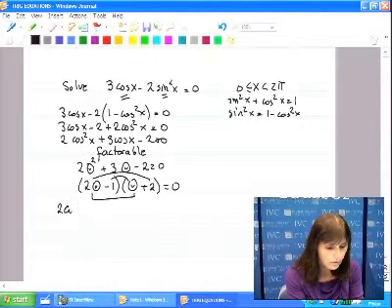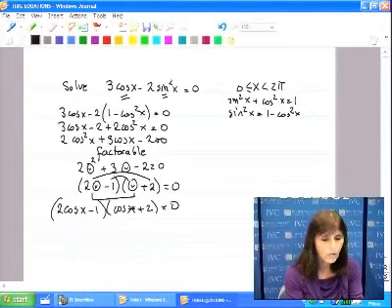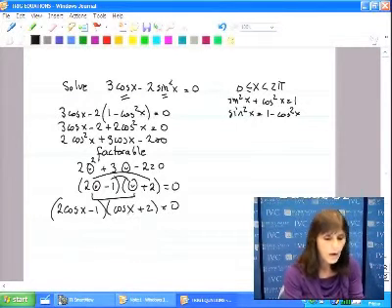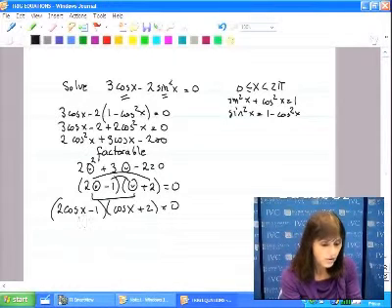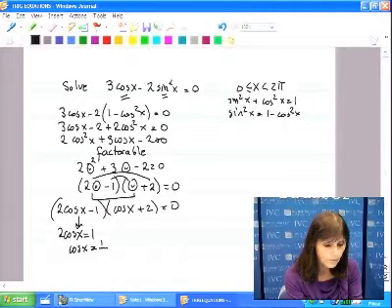2 cosine x minus 1, cosine x plus 2 equals 0. Okay, let's clean this up. Now with the property of factors, I have from here 2 cosine x equals 1, cosine x equals 1/2.